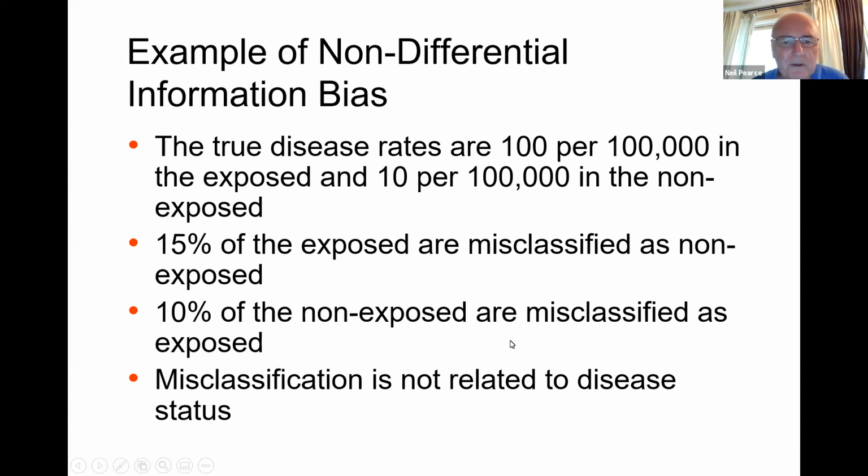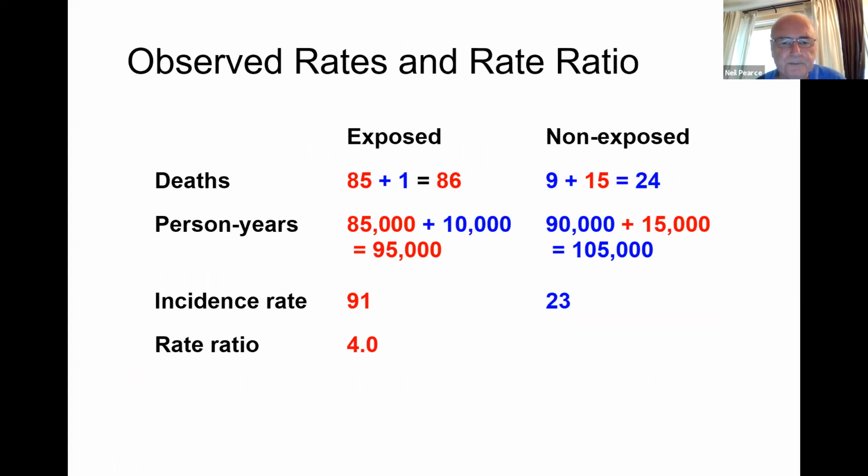So what do we see when we do the study? Well, we have 100,000 exposed person years and 100 of them have died. And for 85% of them, we get it right. So 85 out of 100 deaths are correctly classified as exposed, and 85,000 person years out of 100,000 are correctly classified as exposed.